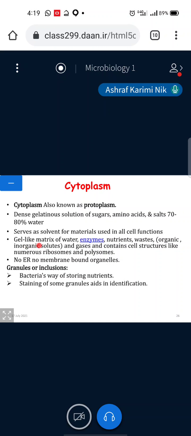It is a gel-like matrix of water, enzymes, some nutrients, wastes, including organic or inorganic wastes, and some gases, and it contains cell structures like numerous ribosomes and polysomes.